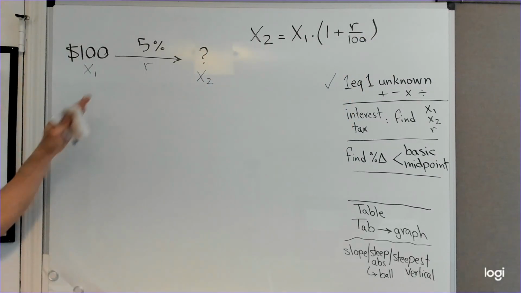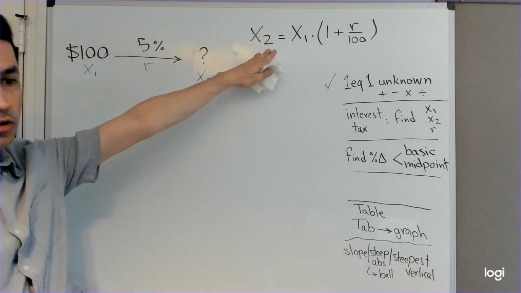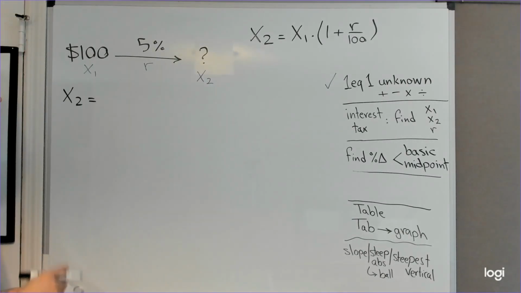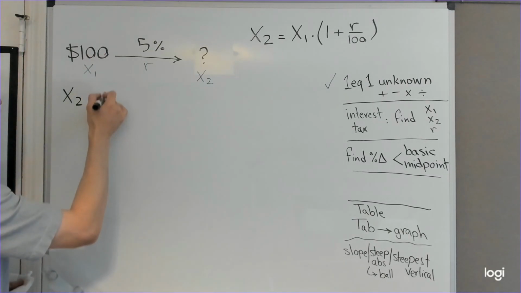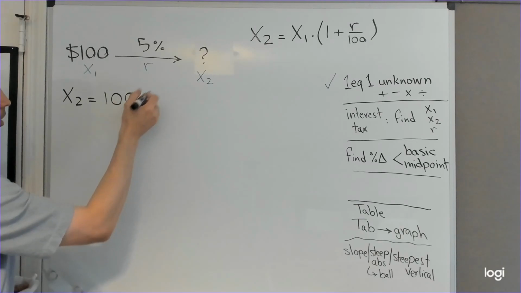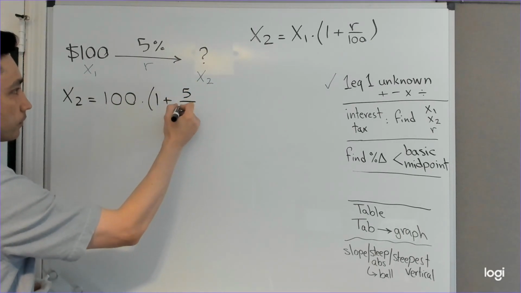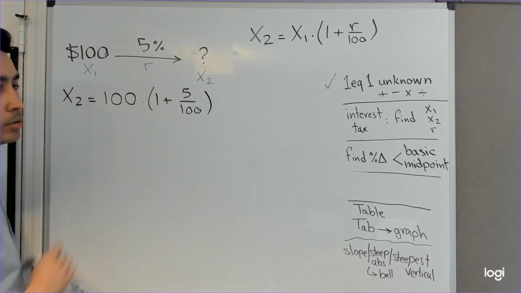All you need to do to find x2 is to use the formula and plug in the values for x1 and r. x2 is equal to x1, which is 100, times 1 plus r over 100, so it's 5 over 100.